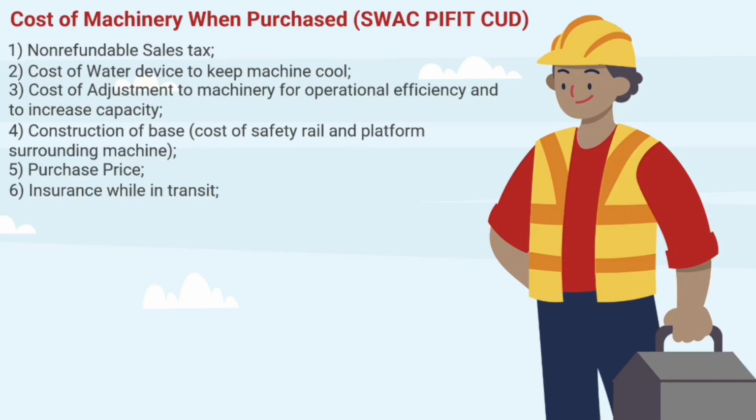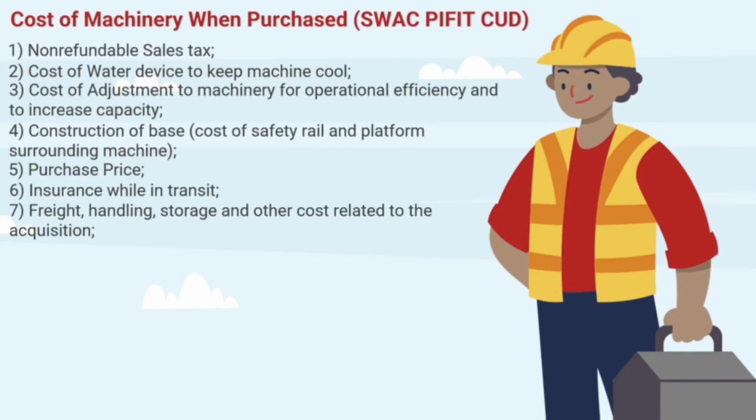This covers the cost of insuring the machinery during transportation from the seller to the buyer's location. Then, freight handling, storage, and other costs related to the acquisition. These expenses encompass the various costs associated with transporting, handling, storing, and other related expenses incurred during the acquisition process.